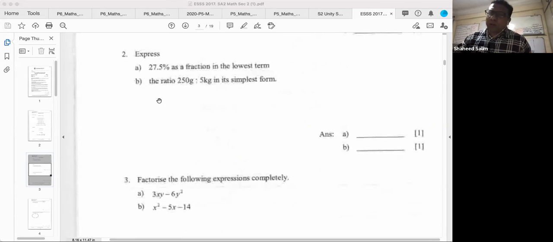But try to put it inside your calculator, and then press the fraction function, and you might get it.